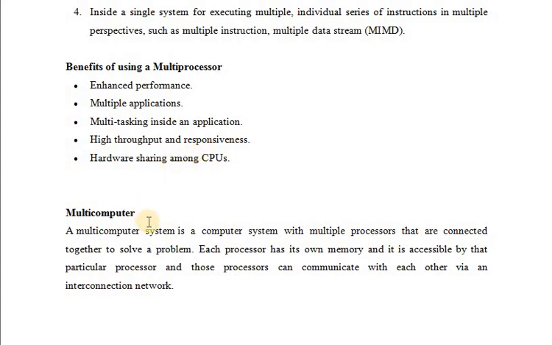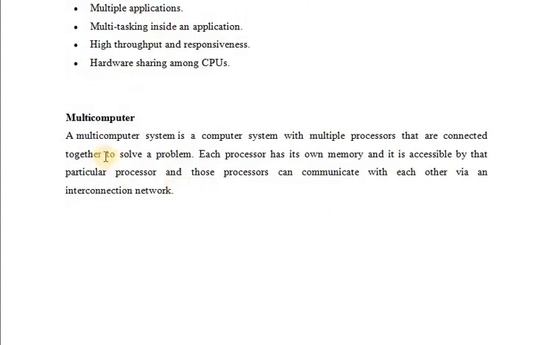Now we will see what is a multi-computer. A multi-computer system is a computer system with multiple processors that are connected together to solve a problem. Each processor has its own memory, which is accessible by that particular processor, and the processors communicate with each other via an interconnection network.